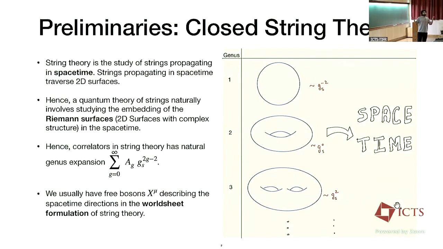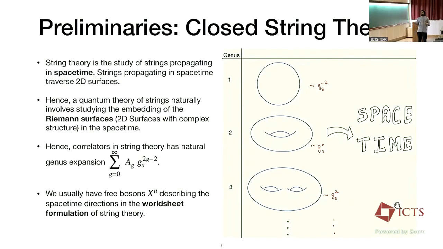And since Riemann surfaces are classified through their genus, the correlators in string theory have a natural genus expansion, where g is the genus and g_s is the string coupling. Now, in the world sheet formulation of string theory, we use free bosons to describe these space-time dimensions.